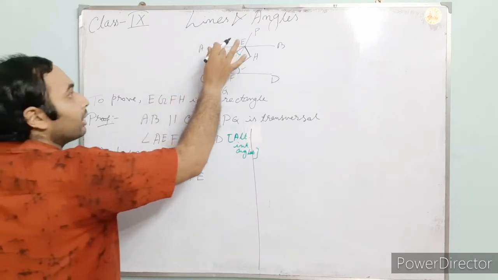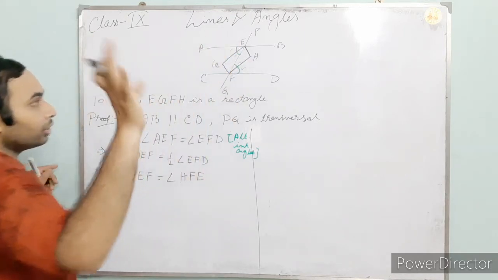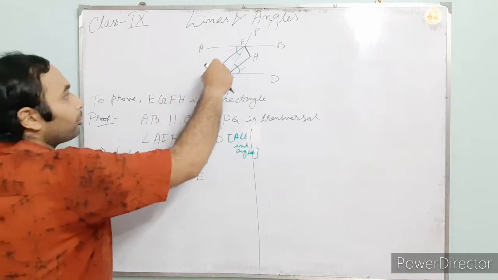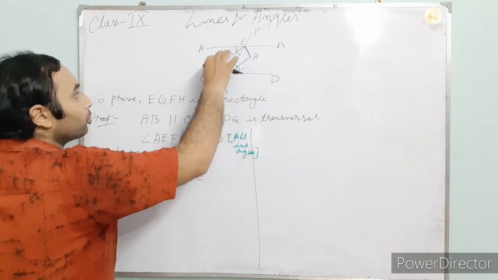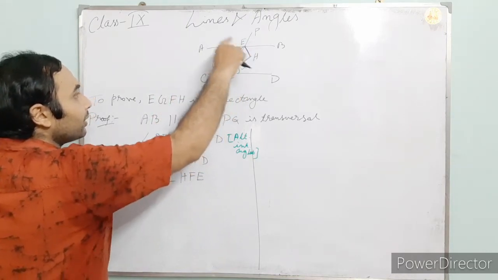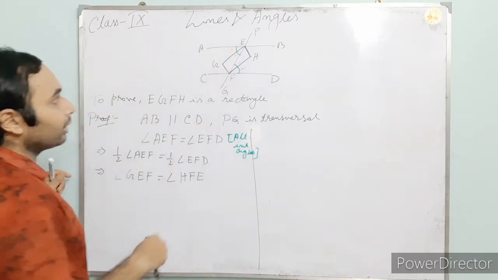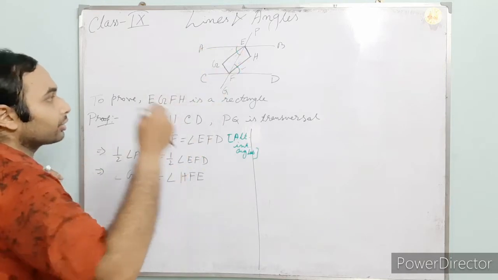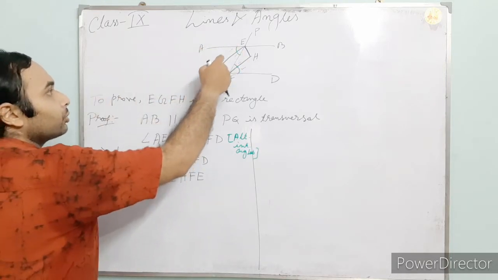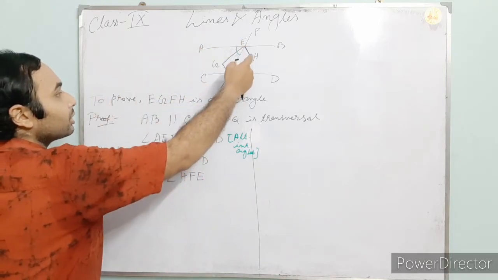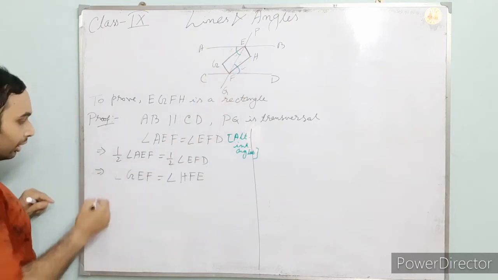Why have we not taken the outside angles? Because there is no requirement. We have to work over this figure only, the blue figure, to prove that the blue figure is a rectangle. So why would we take the outside angles? We have to take the inside angles. That's why we have taken GEF equal to HFE.